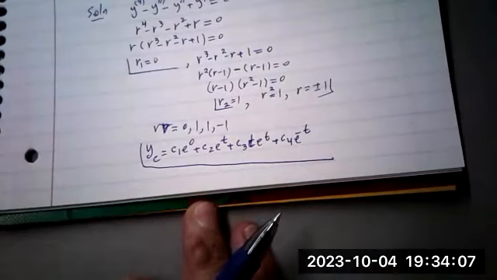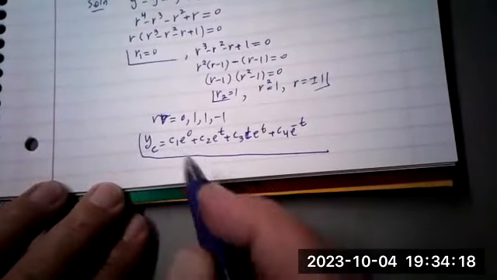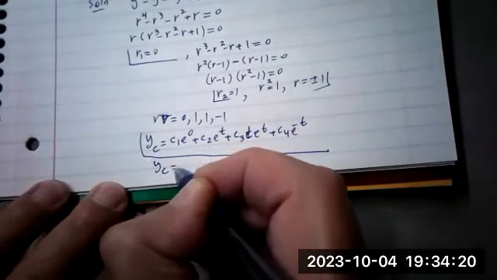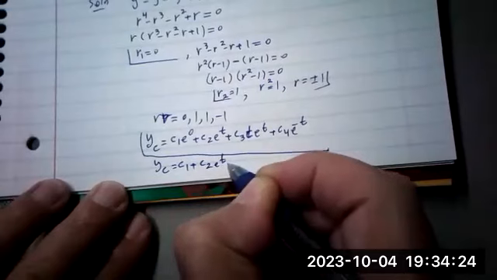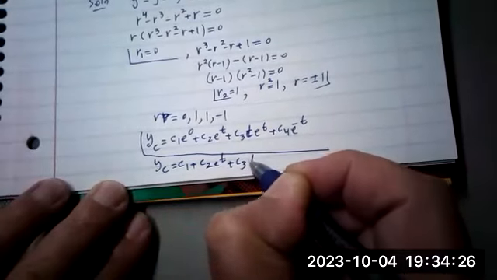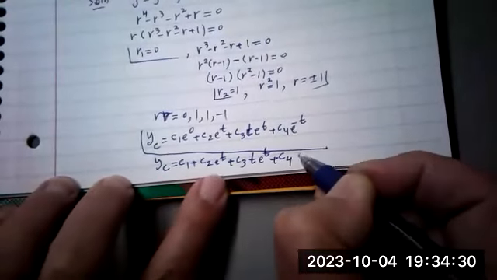Okay, all the signs are right. Everything is all right. Okay, there you are. So we get a constant term over here, so we have to rewrite it. The YC is going to be equal to C1 plus C2 e to the t plus C3 t e to the t plus C4 e to the negative t.